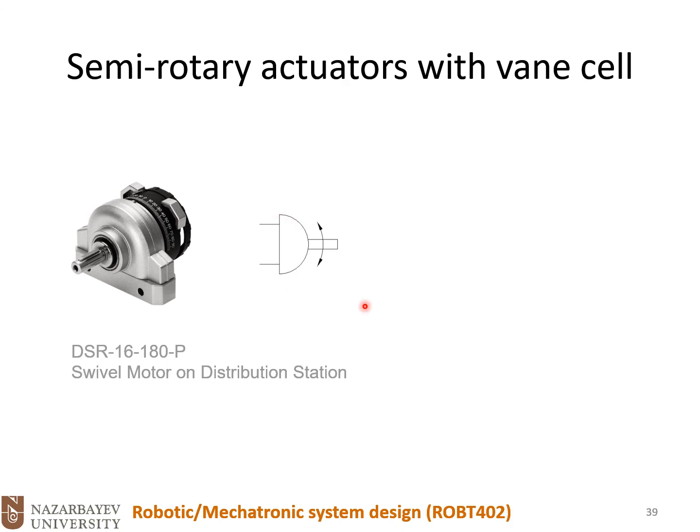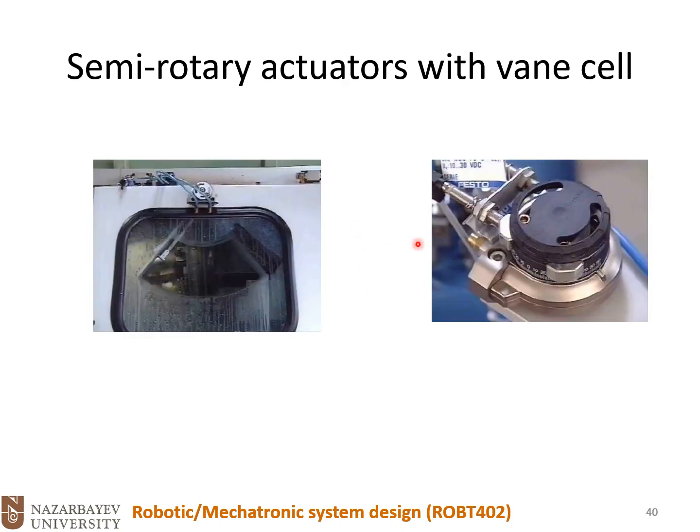Again, you could see the symbol, and here you could see two ports exactly, and this mechanical part is attached to the vane, and is used to activate and deactivate micro switches at the beginning and the end of the motion. So when this mechanical part comes into contact with the rollers of the micro switches, those micro switches will be activated.